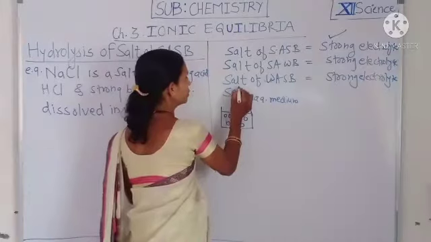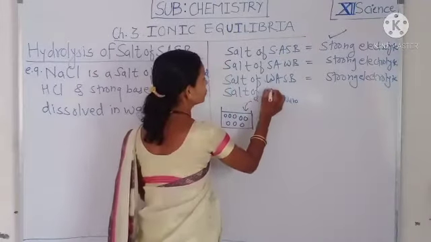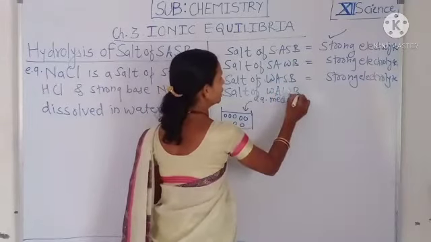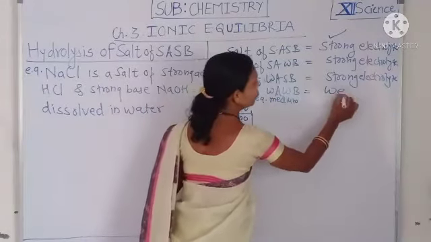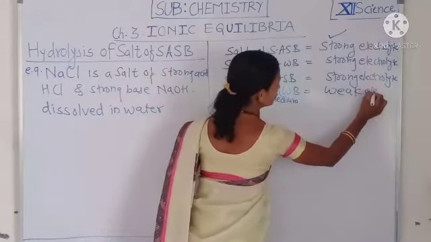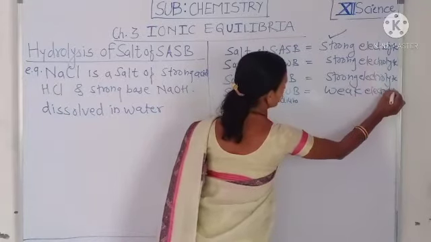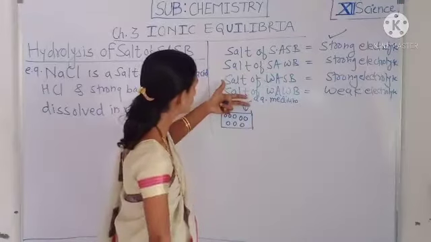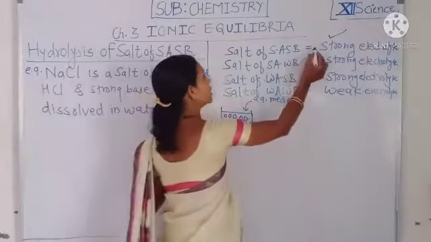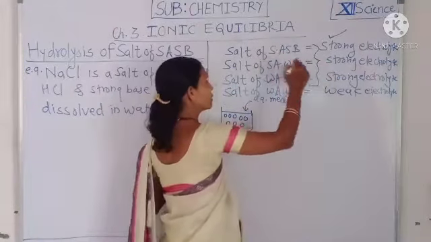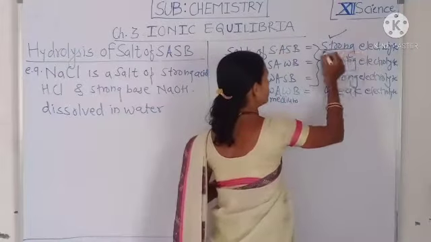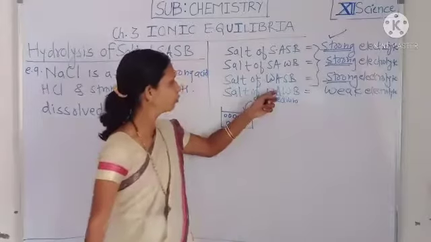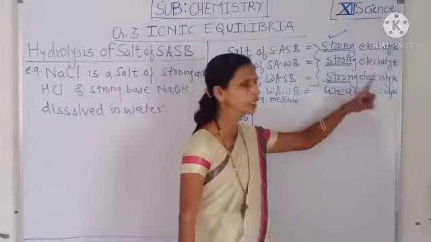And salt of weak acid, weak base is a weak electrolyte. That means out of 4 types of salt, 3 types are strong electrolytes, and only salt of weak acid, weak base is a weak electrolyte.